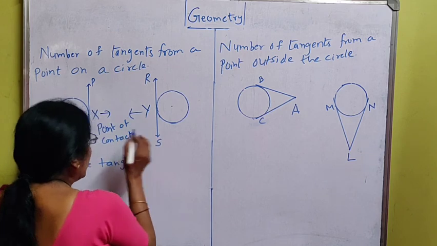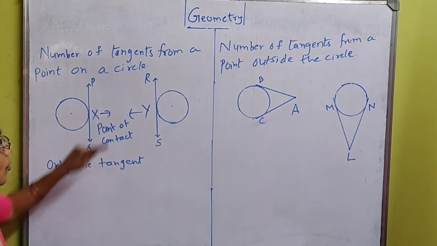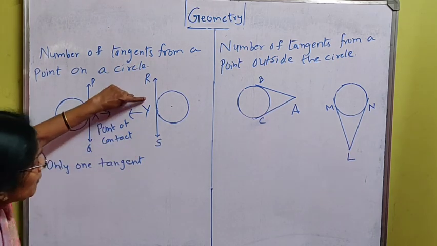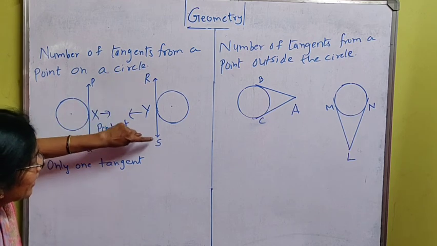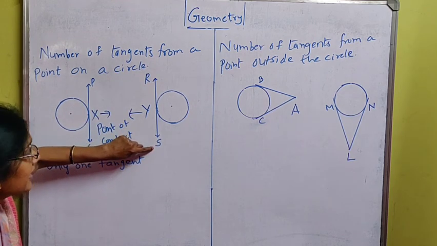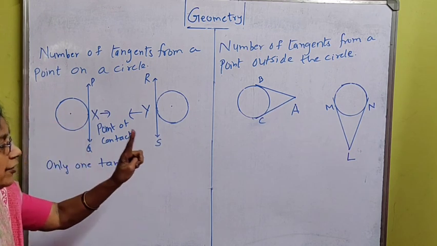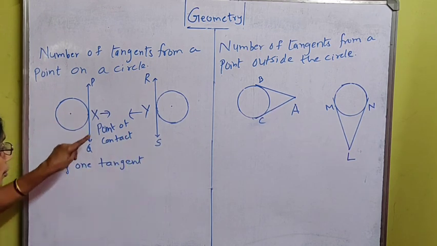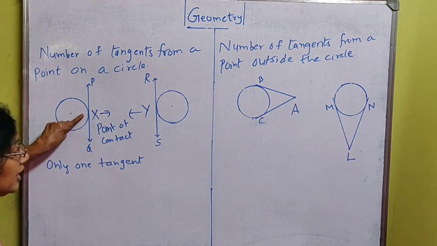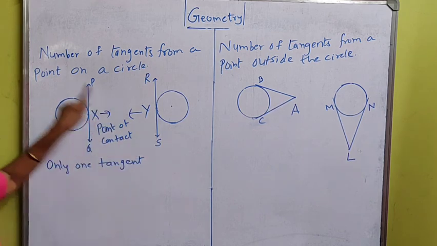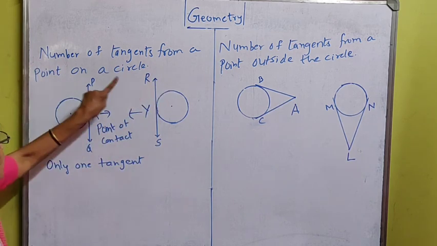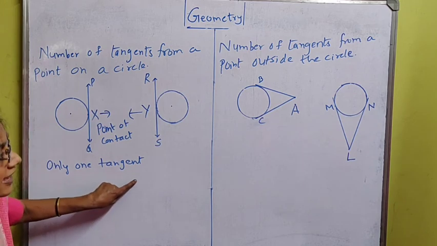RS is passing through the point of contact, so RS becomes a tangent, and only one tangent through one point of contact can be drawn. So the number of tangents from a point on a circle is only one.